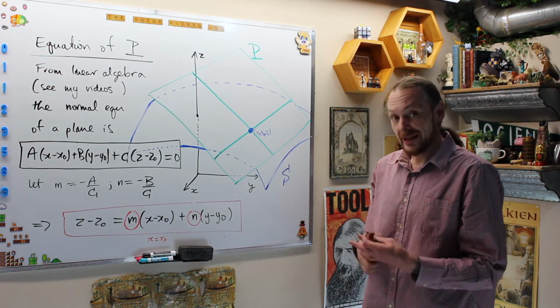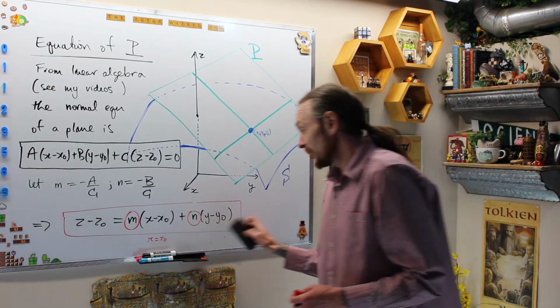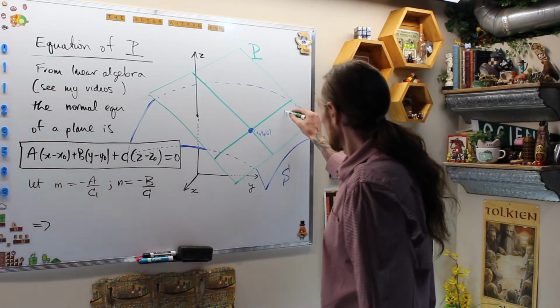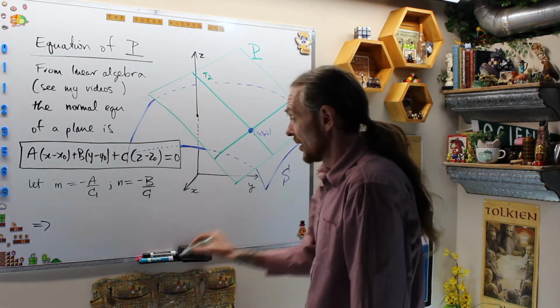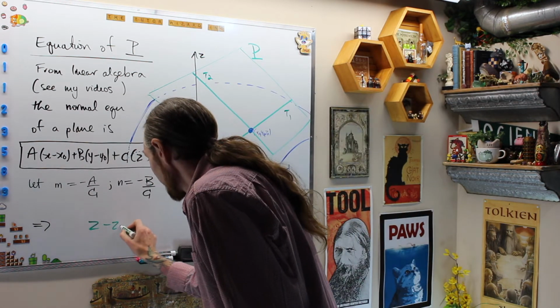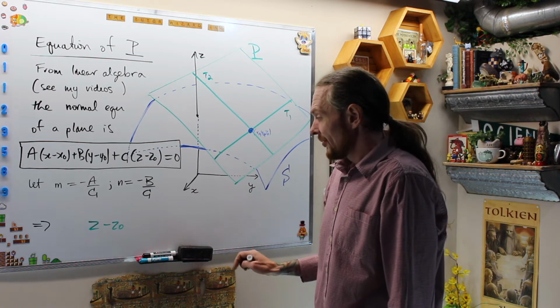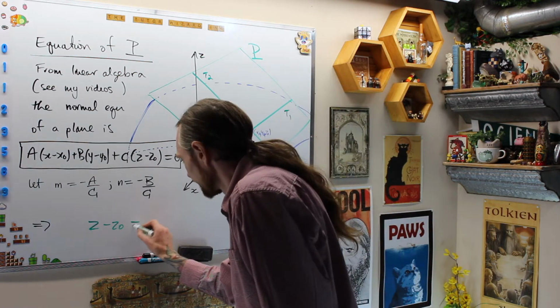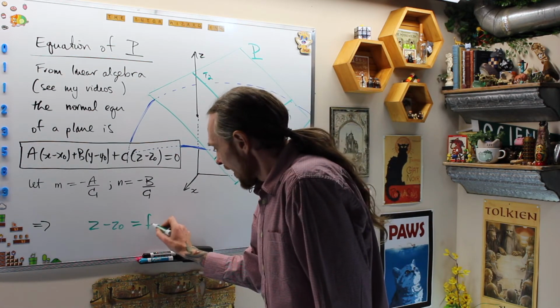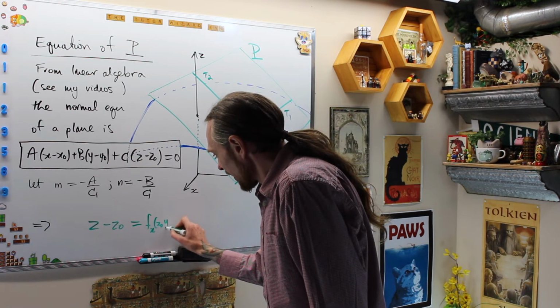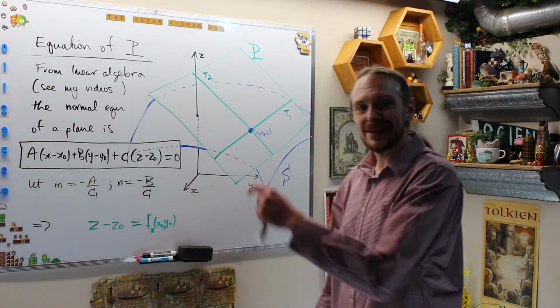Who are those going to be? Let's write out that equation. This is T1 and T2. So z minus z naught. Remember who z naught is. This is fx at x naught, y naught, which looks horrible, but it's a number.